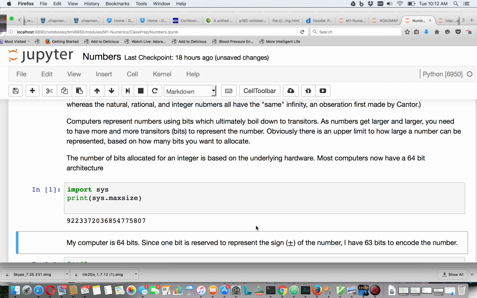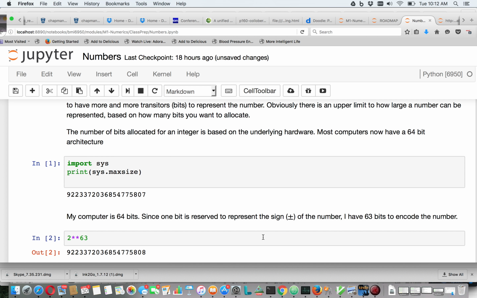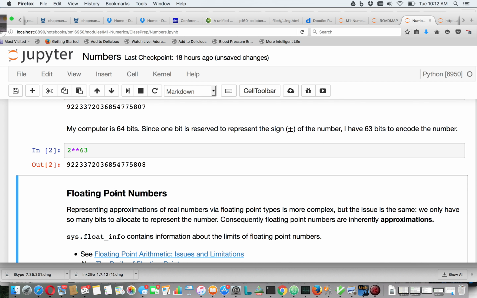One of my 64 bits has to be used to represent whether it's a positive or negative sign. And so what I have is 2 to the 63rd, that's the number of numbers that I can represent. And of course, I'm also representing 0. So if I subtract 1 from that, then that's how I get the largest number that I can represent.